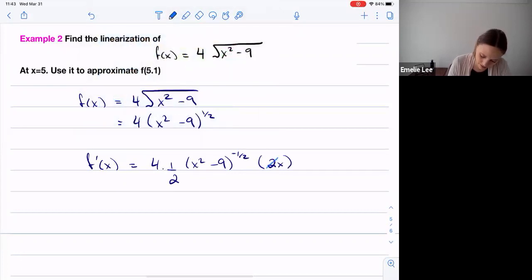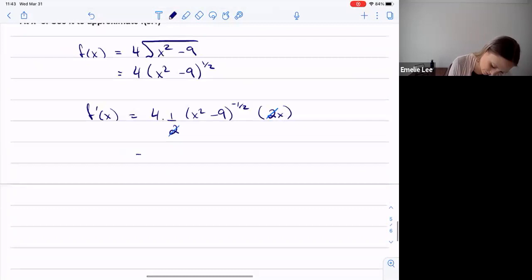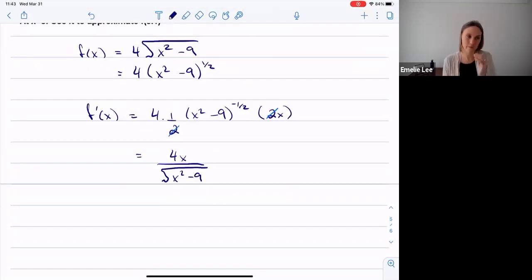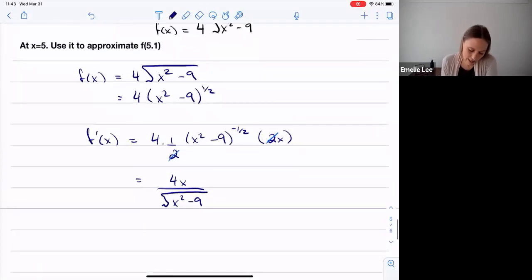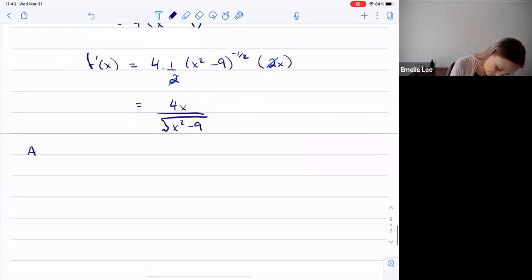Things simplify a little bit here. 2 divided by 2, so that's nice. And then I end up with 4x over the root of x squared minus 9. And then we want it at x equals 5.